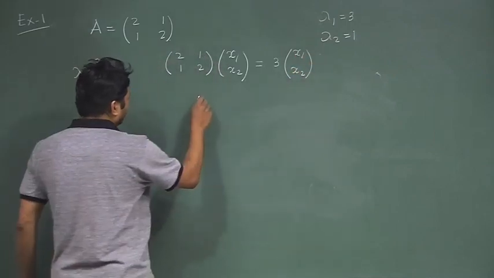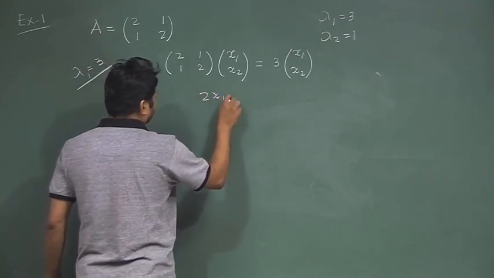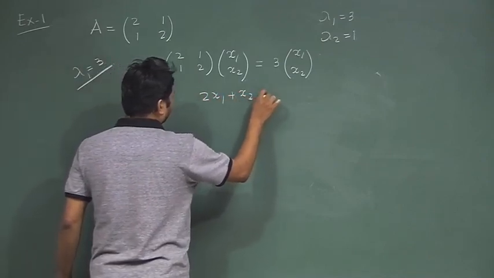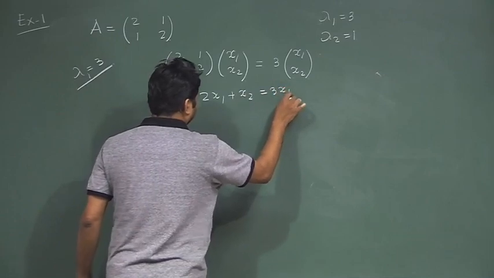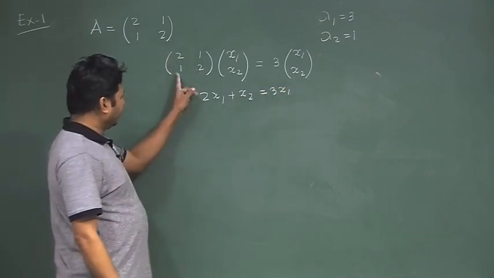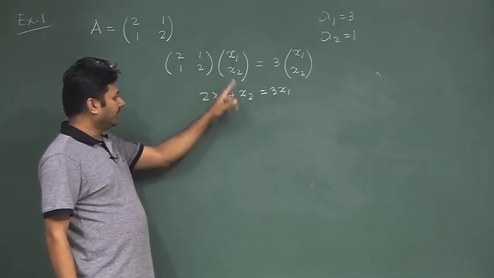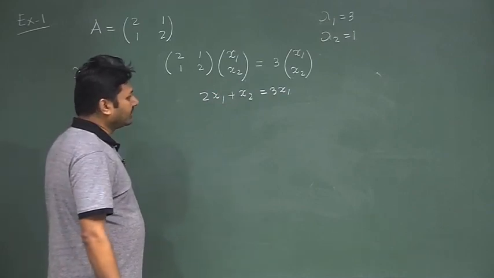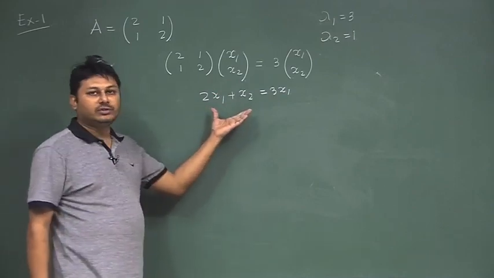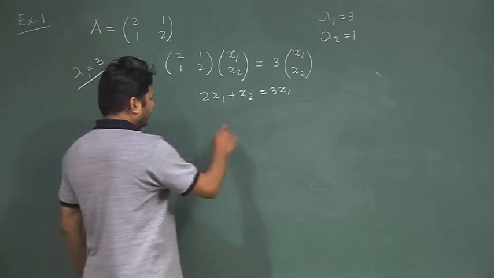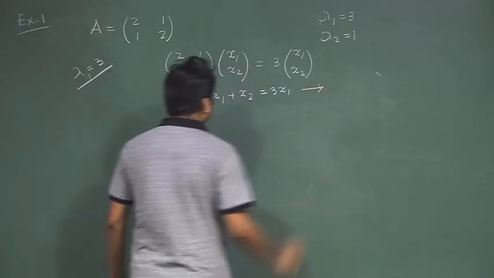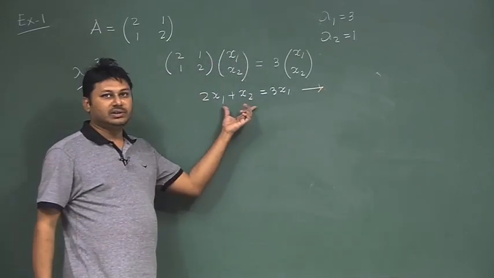From that I can have one equation, 2 x1 plus x2 is equal to 3 x1. The next equation will be a similar kind of expression and will not give any extra information. So from the first equation I can have a relationship between these two.